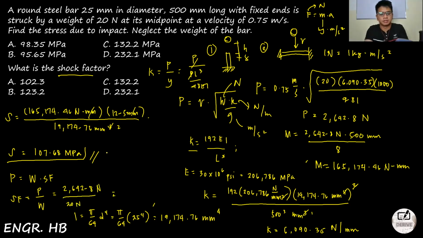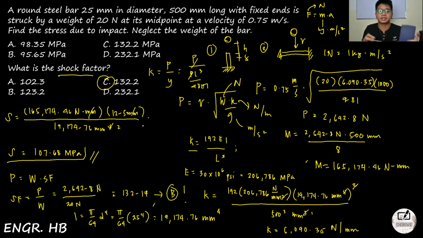So the shock factor is 2642.8 by 20. So that is 132.14. So tingnan nga natin kung may sagot. So ayun, meron tayong 132.2 rito. I ensure you this is the answer.